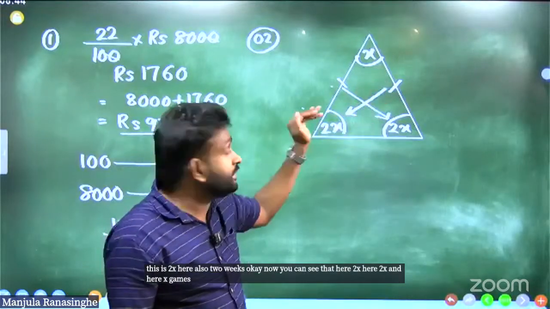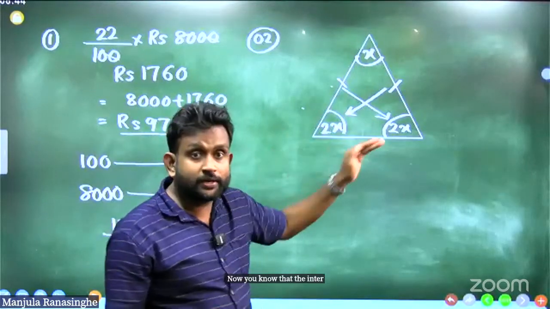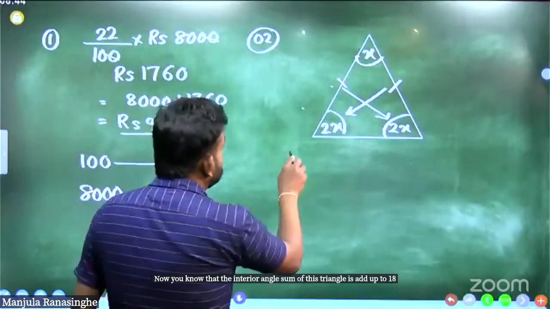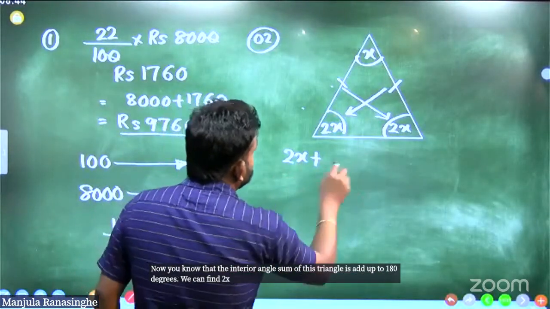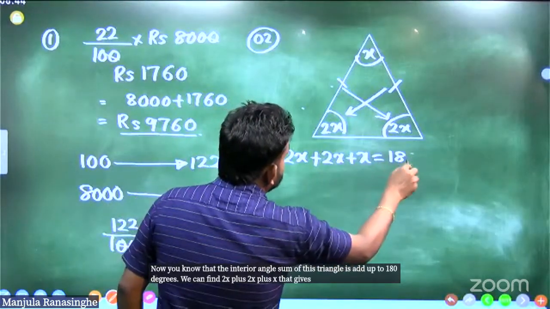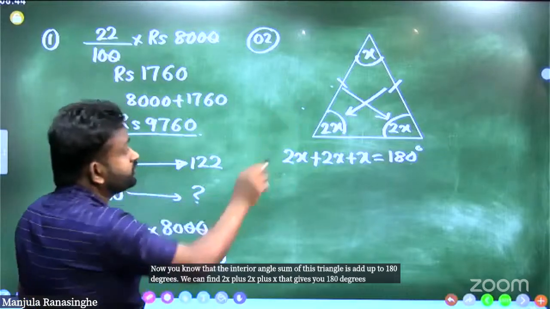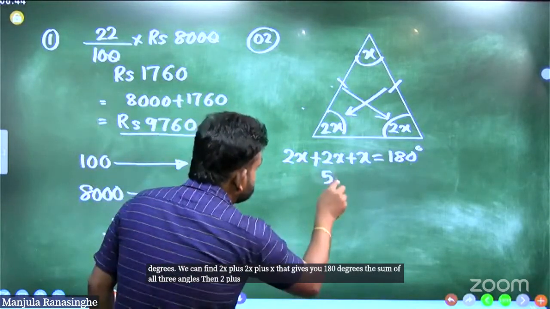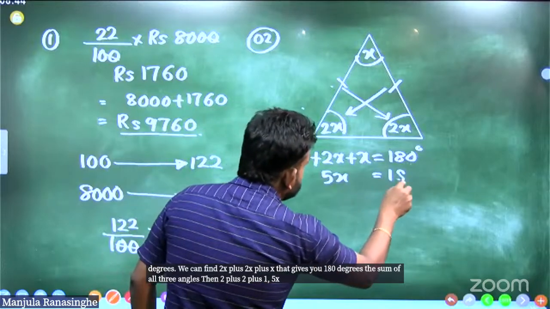Now you know that the interior angle sum of this triangle adds up to 180 degrees. You can find 2x plus 2x plus x gives you 180 degrees, the sum of all three angles. Then 2 plus 2 plus 1, 5x equals 180 degrees.